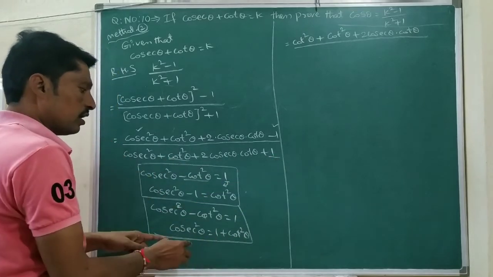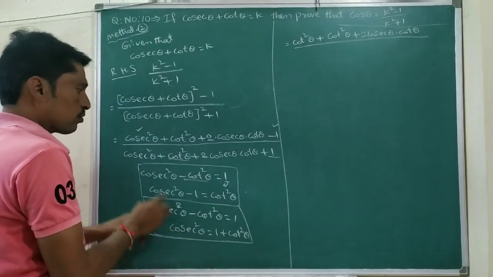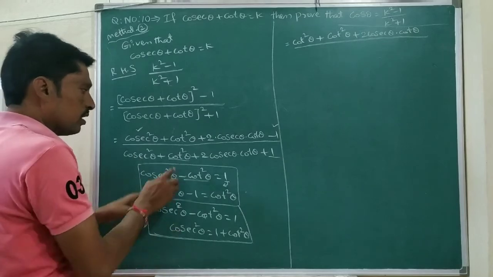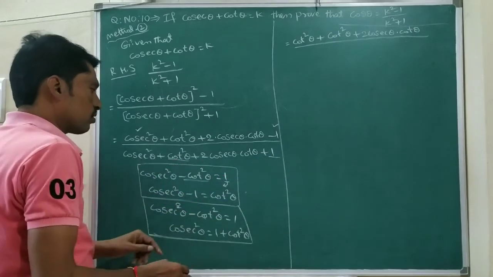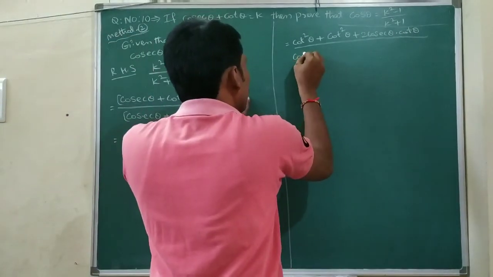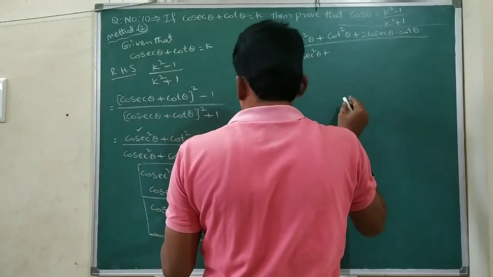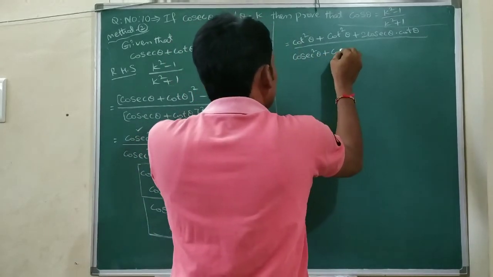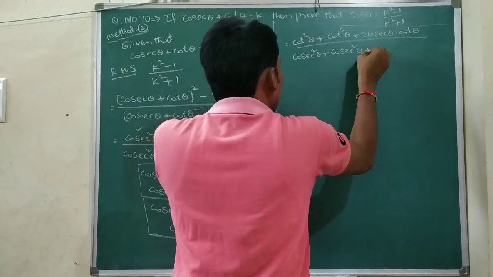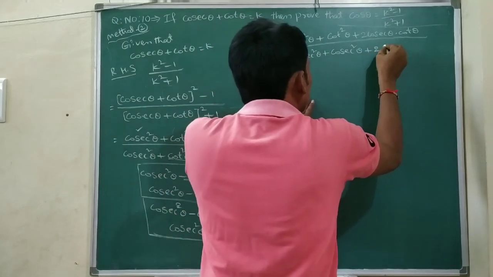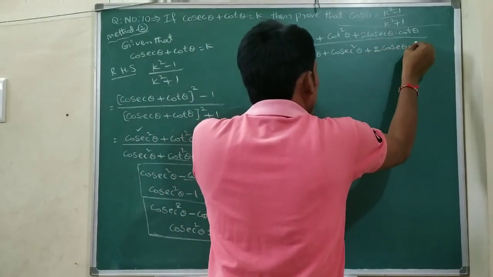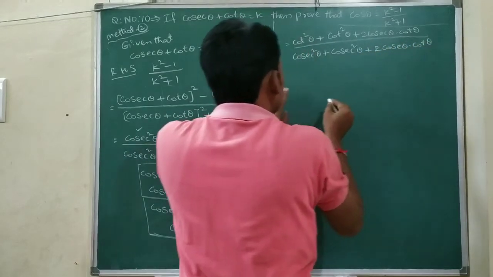1 plus cot square theta, the value we are taking as cosec square theta. This cosec square theta as it is, instead of this 2 I am taking cosec square theta. So cosec square theta plus, here cot square theta plus 1 value I am taking cosec square theta, plus remaining as it is 2 cosec theta into cot theta.